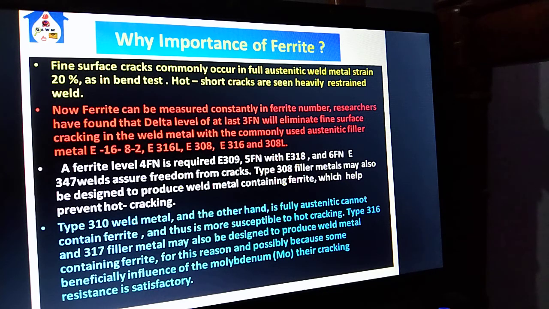Why is ferrite important? Fine surface cracks commonly occur in fully austenitic weld metal strained 20% as in a bend test. Hot shot cracks are seen in heavily restrained welds.